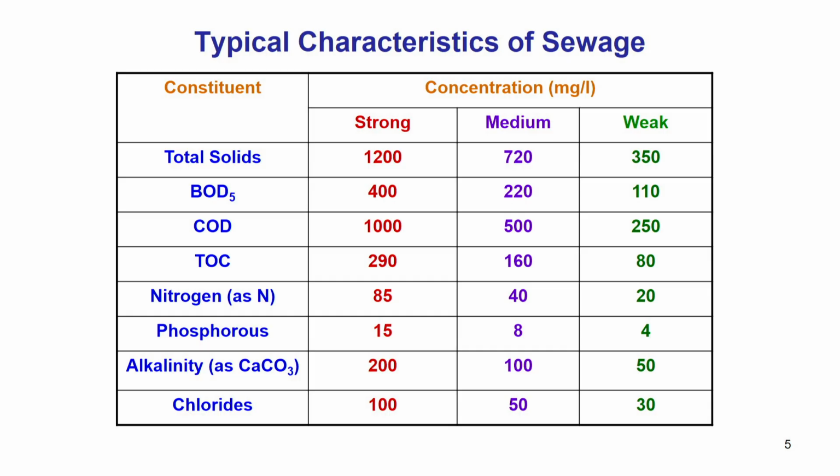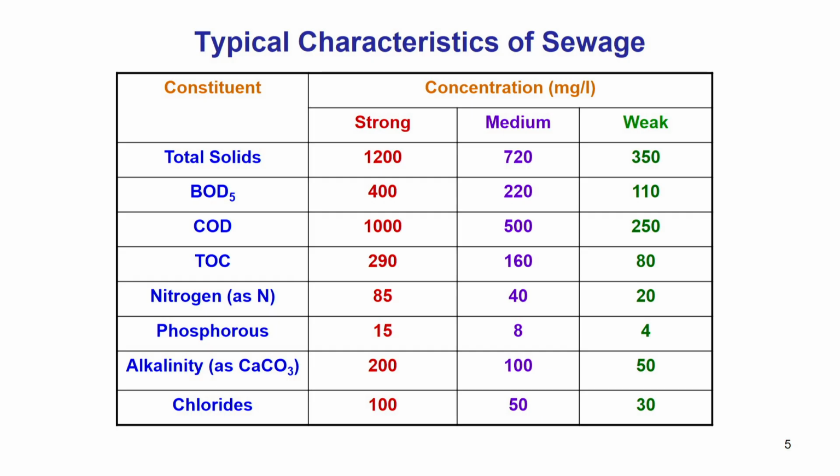in nature. Biochemical oxygen demand refers to the oxygen required for the microbes to degrade or oxidize the biodegradable organics present in wastewater, whereas COD is the chemical oxygen demand, and it refers to the oxygen required to completely oxidize biodegradable as well as non-biodegradable organics present in the wastewater.